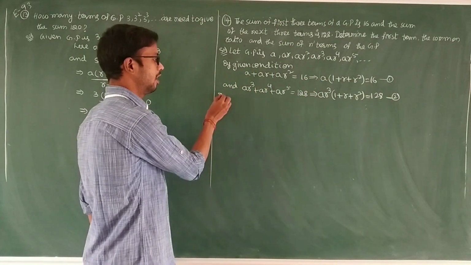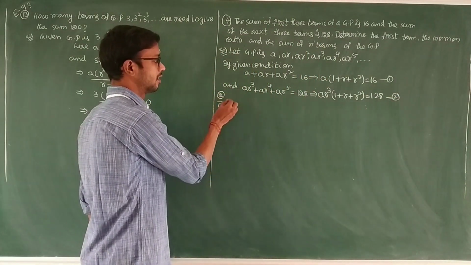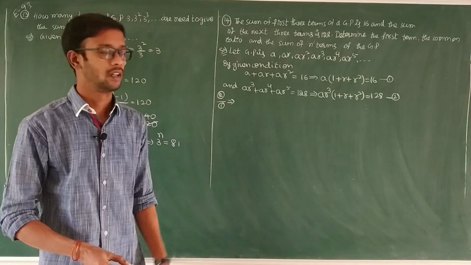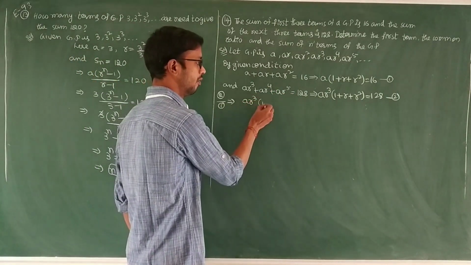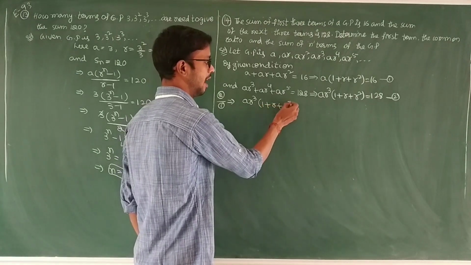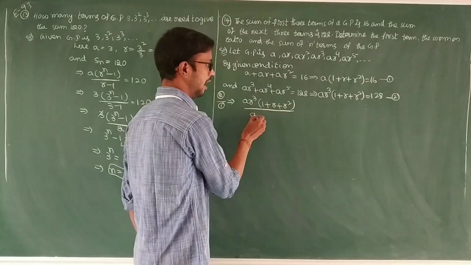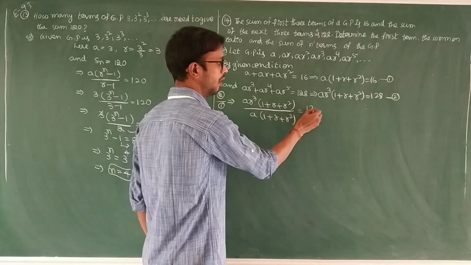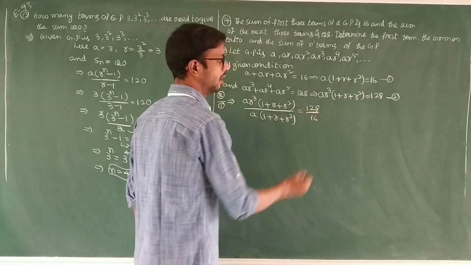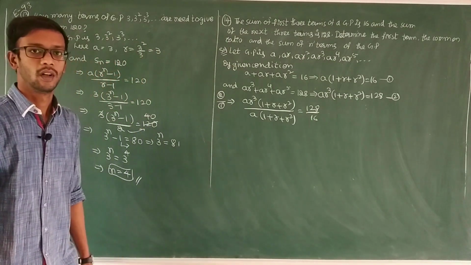I'll make the division, 2 divided by 1. So what is the equation 2 here? ar cube into 1 plus r plus r square divided by a into 1 plus r plus r square is equal to 128 by 16.